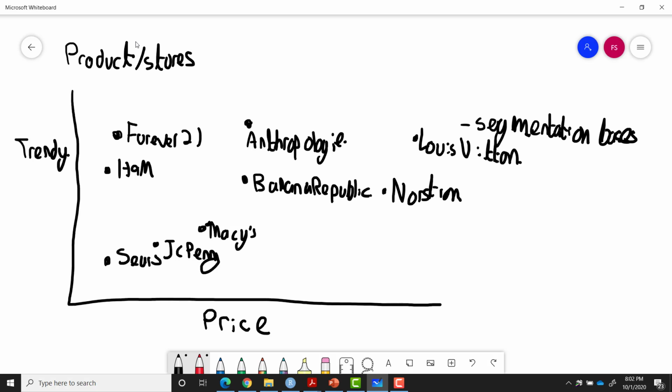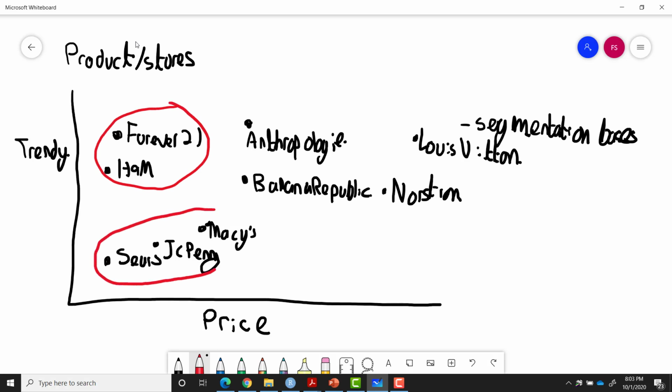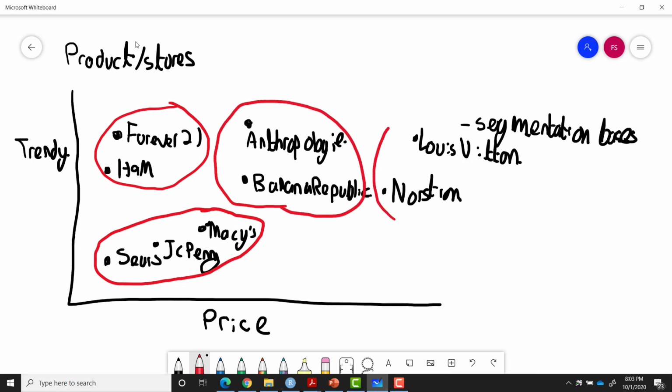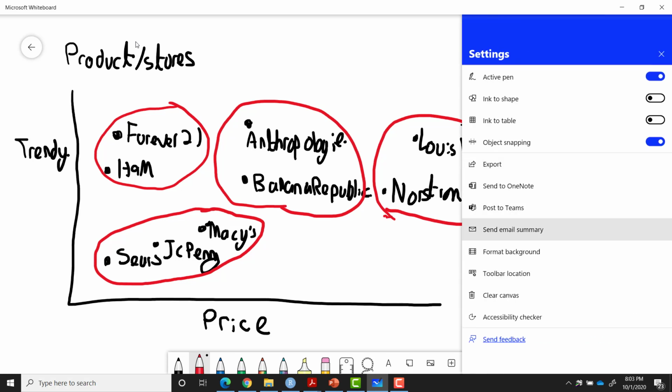Something high end there. And we might try and group them into groups of similar stores. So Forever 21 and H&M are similar. This is our traditional, slightly struggling department stores. Then we've got our mid-range here, and we've got our high end there. So that's a simple product segmentation for you.